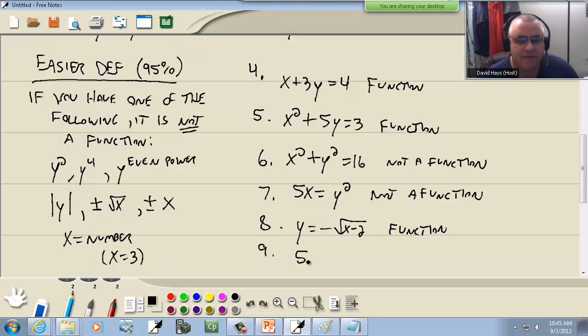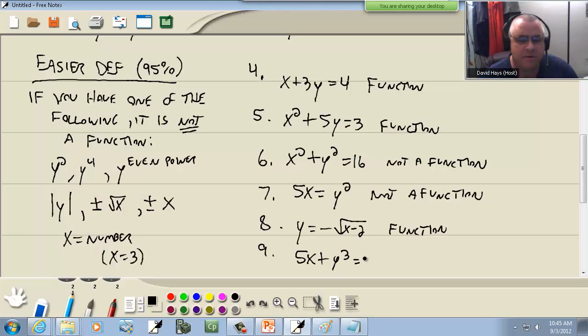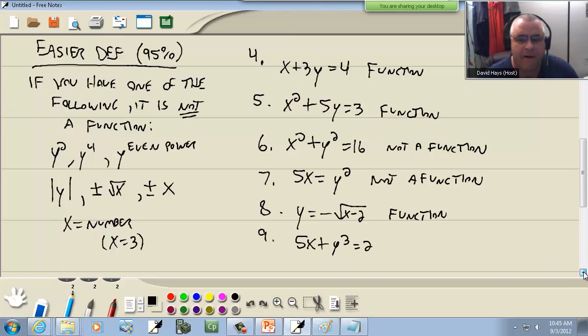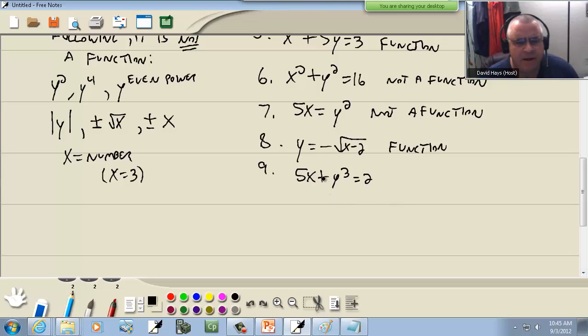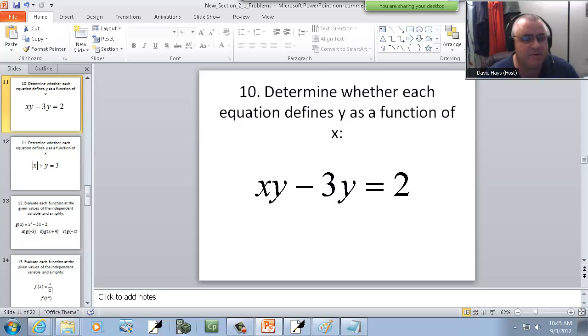Ninth one here, we have 5x plus y to the third is equal to 2. Well, this is fine. We can't have y to an even power. Y to an odd power is fine. Seem to have quite a few of these for some reason.